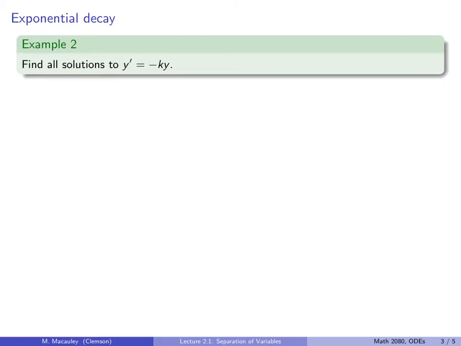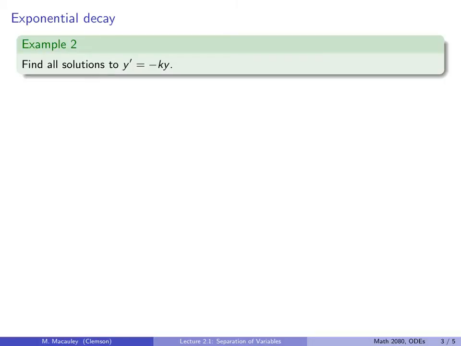Let's do another example. This one is exponential decay, and it's really no different than the previous problem. The fact that there's a negative sign, that goes along for the ride with decay. But since we've just seen one of these, let's do this for extra practice.